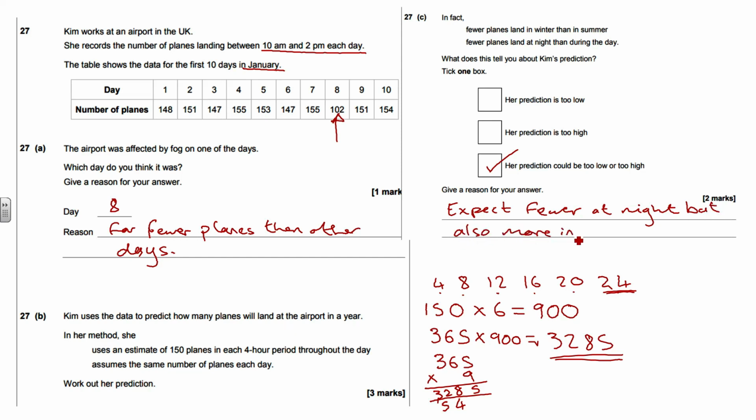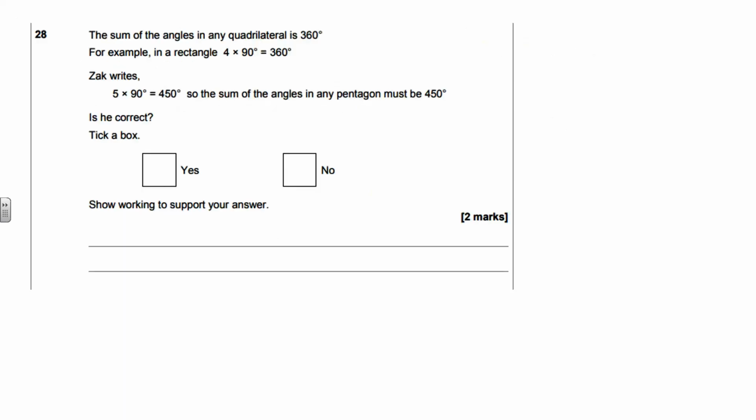And so it depends, I suppose, on whether the difference between winter and summer is greater or less than the difference between day and night. But since we've got no information about that, we can't say anything more than we could be either way. It depends on which. There's fewer at night, but also more in the summer.